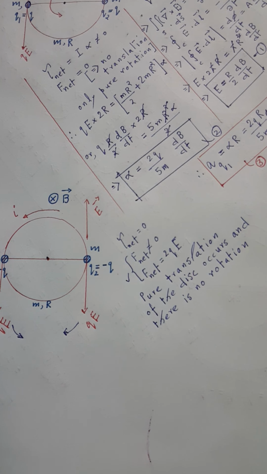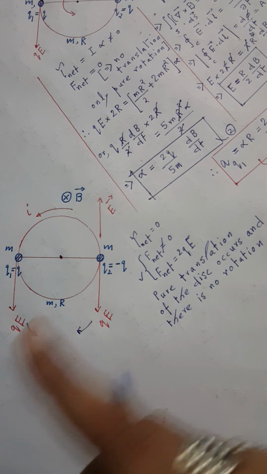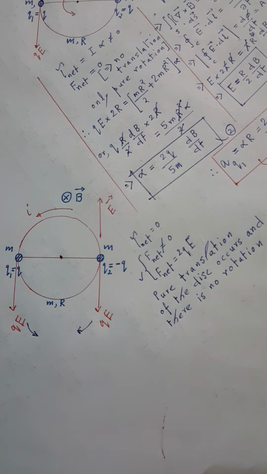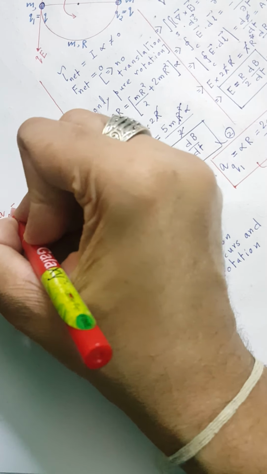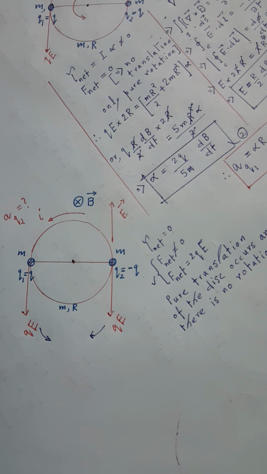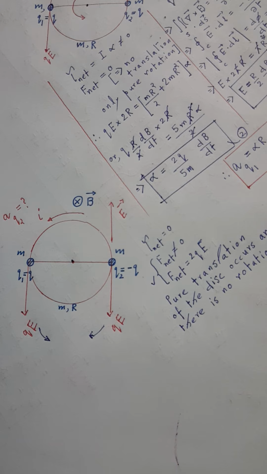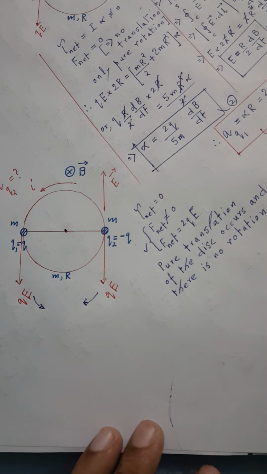So if there is no rotation and there is translation, how can we find out the acceleration of the system? Our goal is to find out the acceleration of charge Q2. So acceleration of the system will be total force by total mass.